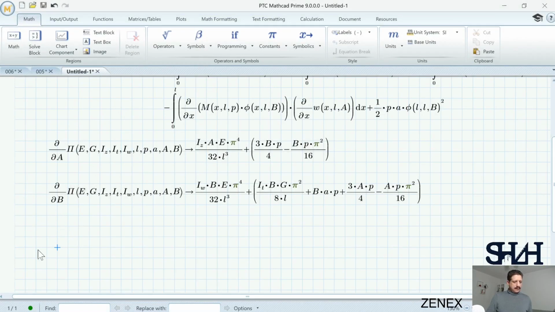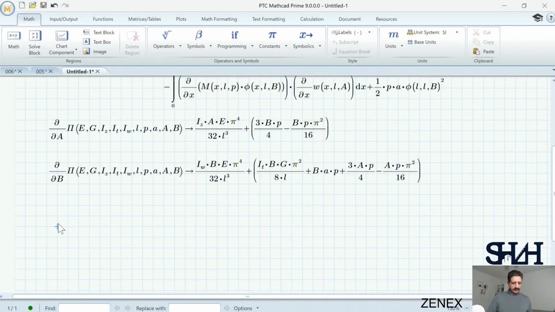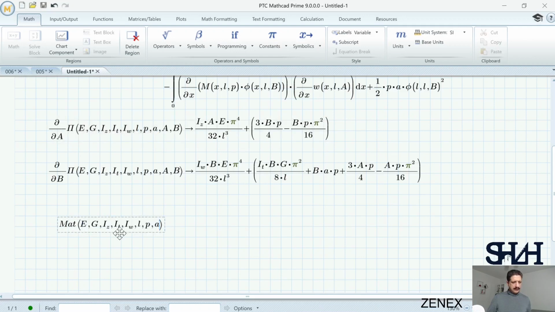Now we need to form the matrix. Matrix will be a function of E, G, Iz, It, Iw, L, P, and A. So there will not be any a and b as far as we are forming the coefficient matrix.